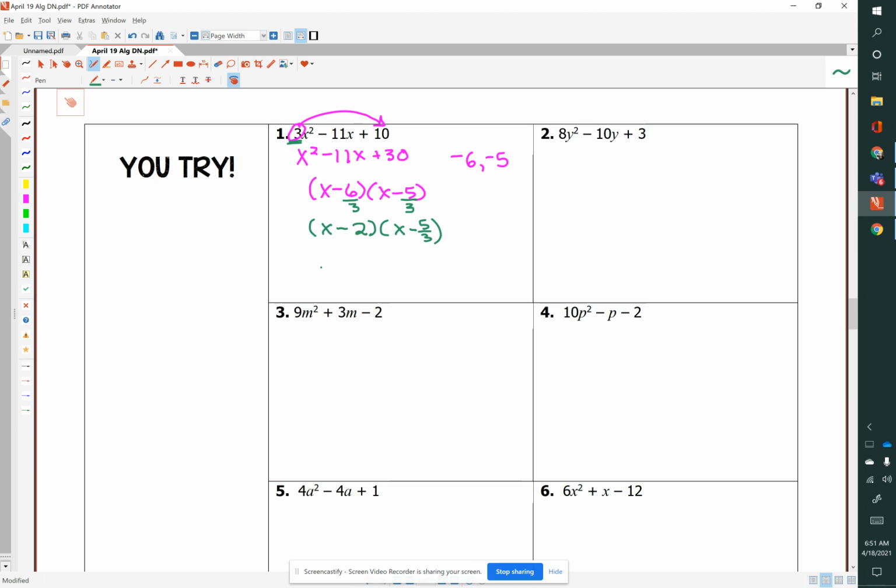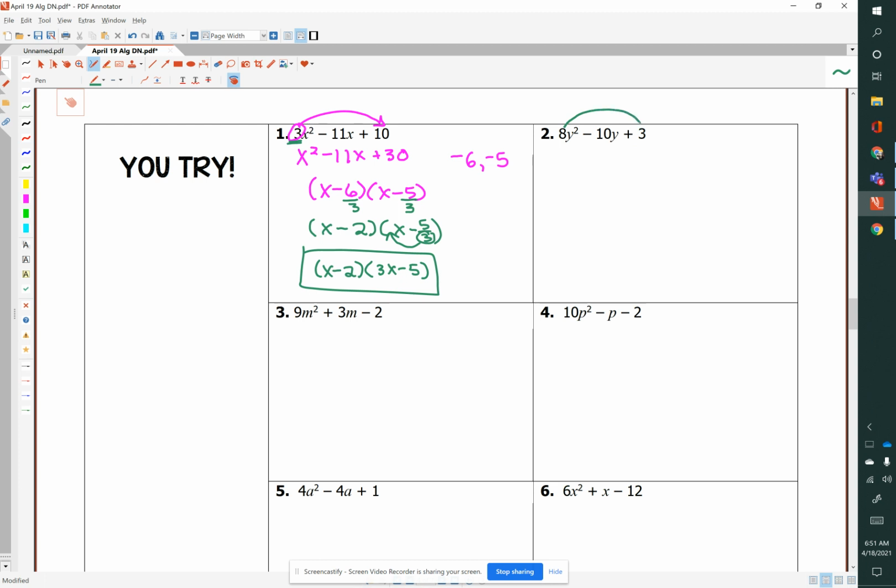So in the first one, I'm not going to have a leading coefficient because I don't have a denominator. But in the second one, I'm going to slip that 3 up in front of the x. So that will give me x minus 2, 3x minus 5. Done.